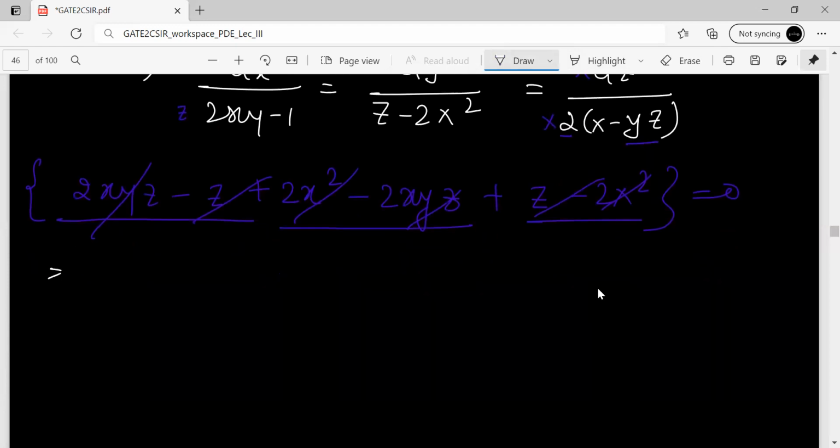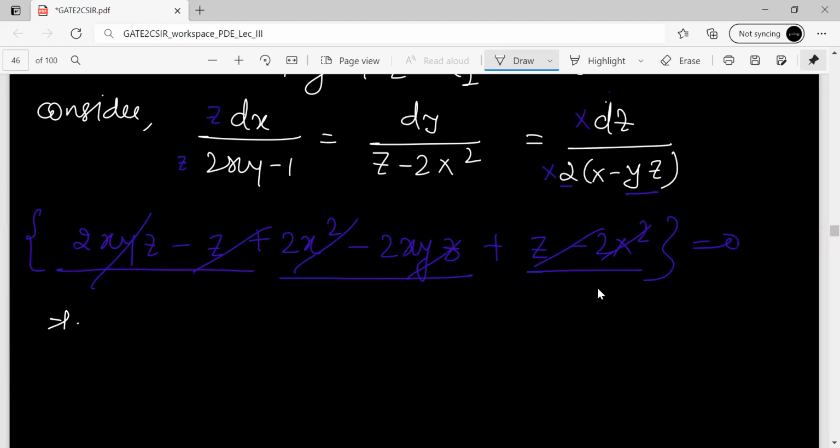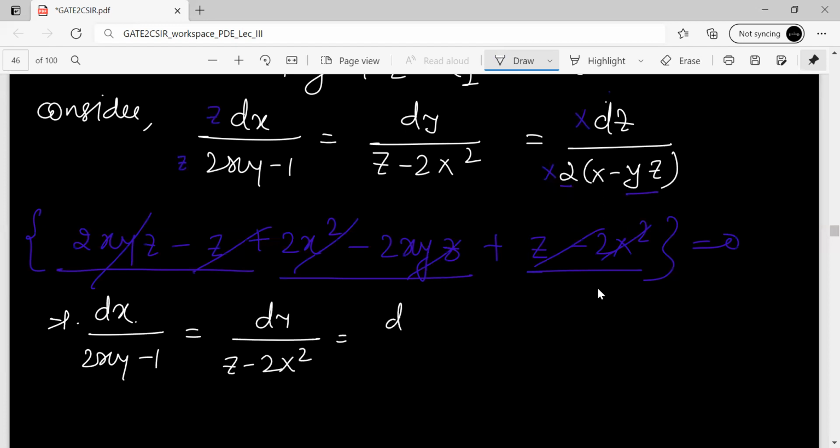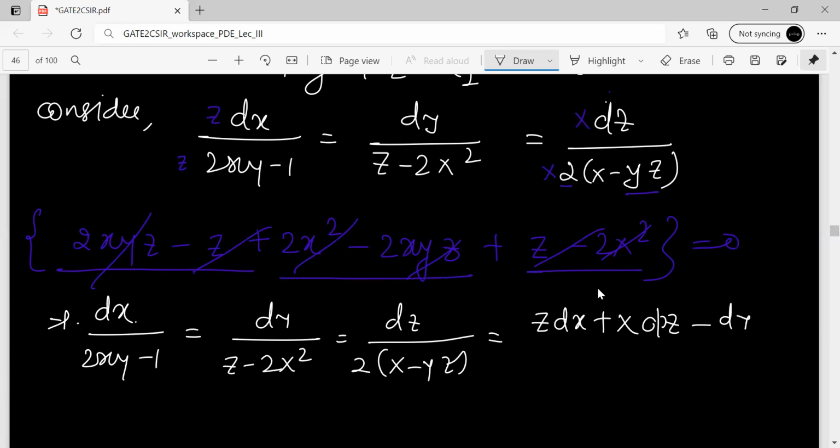So the method is quite powerful. So this implies dx upon 2xy minus 1 equals dy upon z minus 2x square equal to dz upon 2 times x minus yz equals, what I've got is z dx plus x dz and minus dy. No, not minus, plus, upon this entire quantity becomes 0.